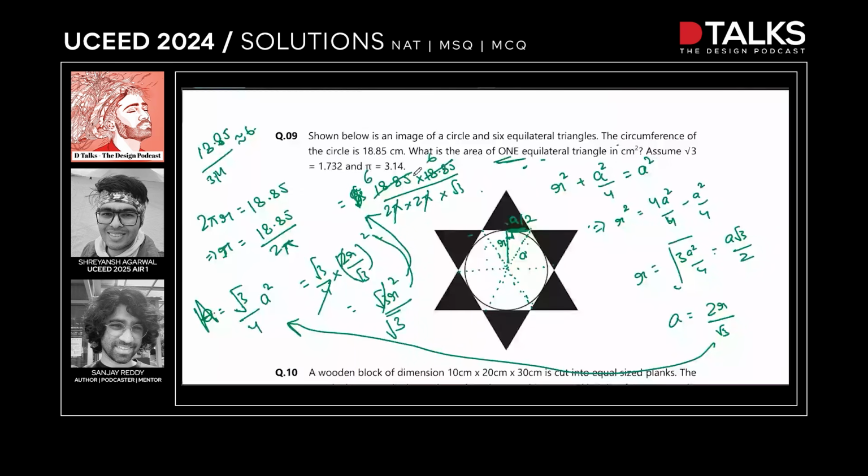This will give you 6 and 6, and this will give you 3 and 3, which gives 9 divided by root 3, which is 3 root 3, which is 3 times 1.732, 5.19.